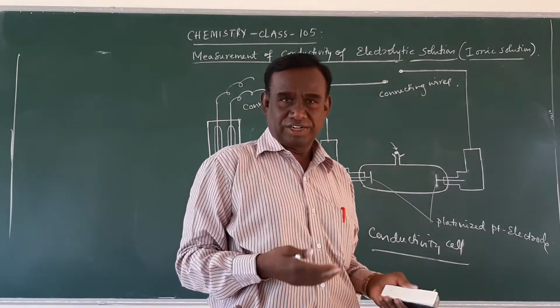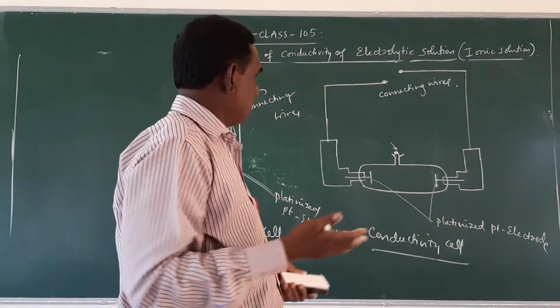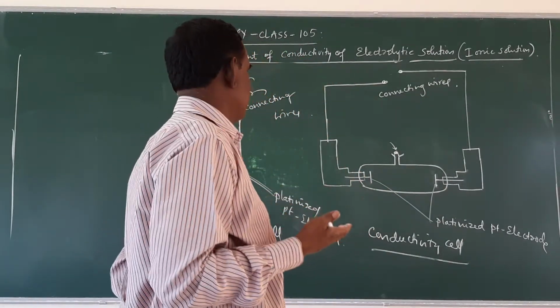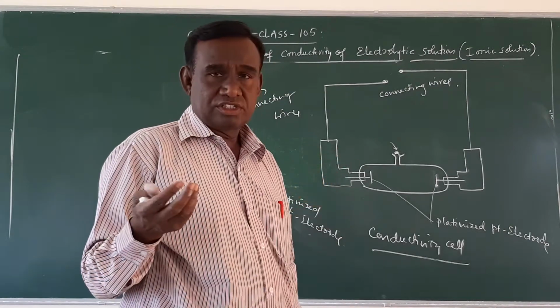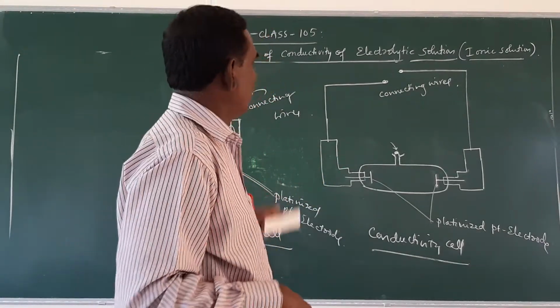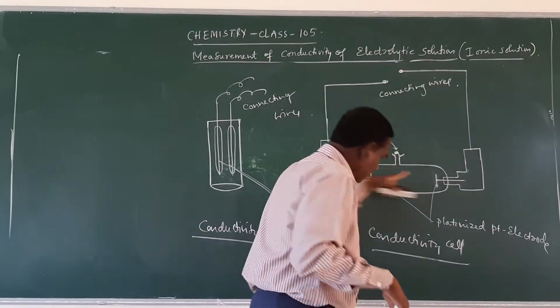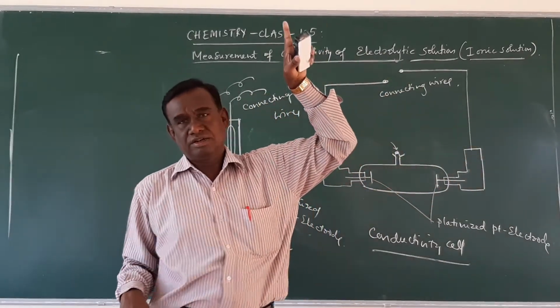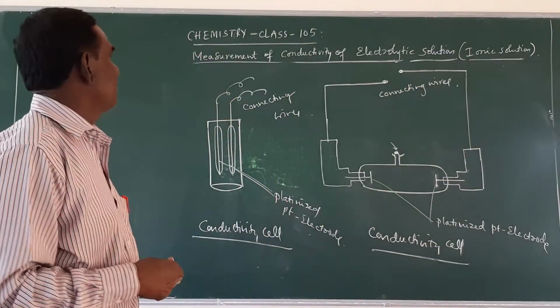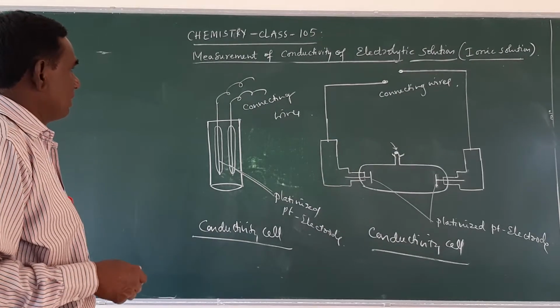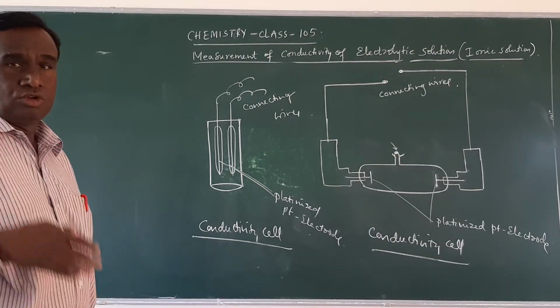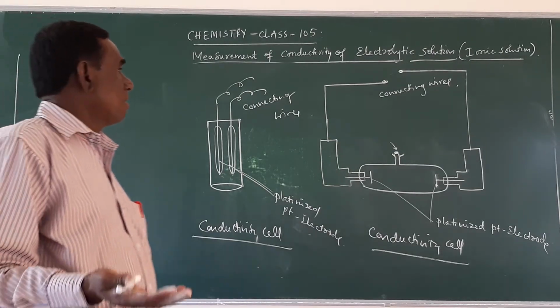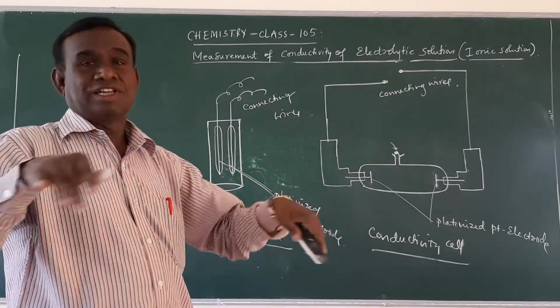You see, in this connection the electrolytic solution is not directly connected with the wires. It is connected through the conductivity cell. That is, the measurement of conductivity of electrolytic solution using Wheatstone's network is done by using the conductivity cell.